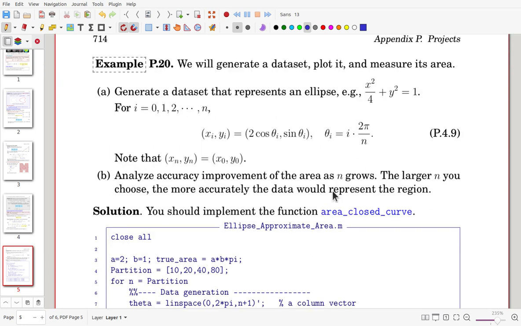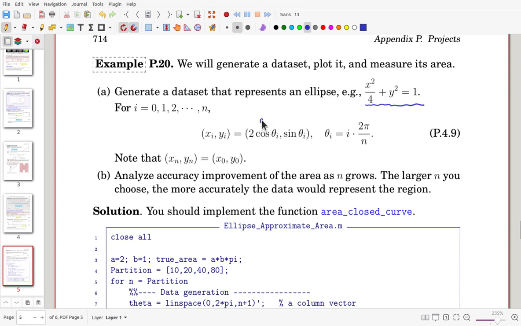Okay, we have one example. We'll try to generate a data set and plot it and measure its area. For example, for this ellipse, we can generate a data set. (x_i, y_i) can be (2 cosine theta_i, sine theta_i).